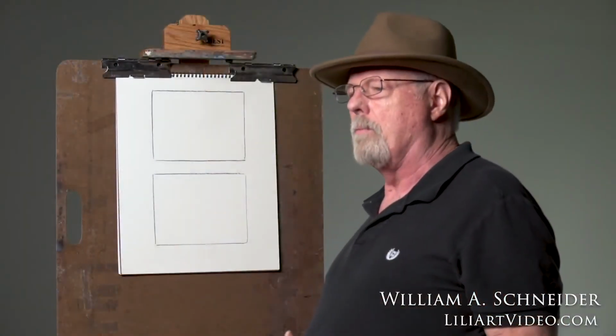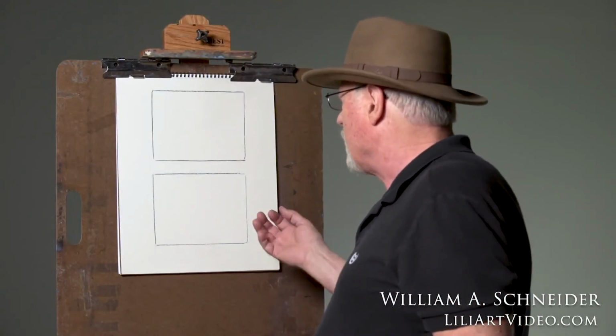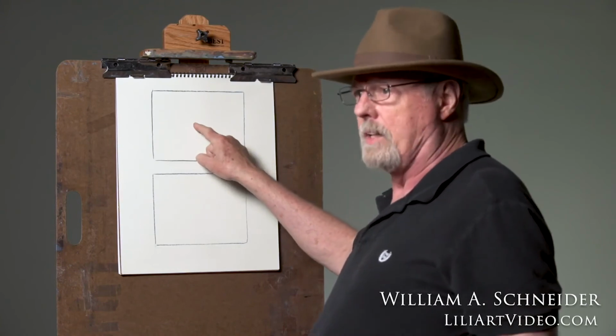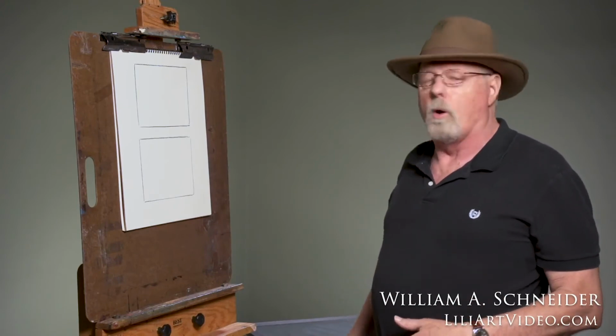When you're trying to figure out where to place objects on the picture plane, the first thing they tell you is don't put anything right in the center. And they also tell you don't put anything in the corners. So how do you place items on a picture plane?